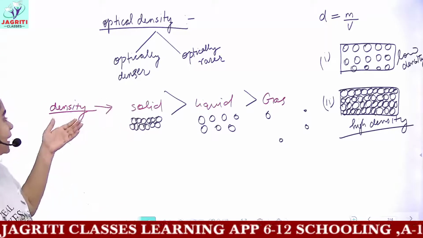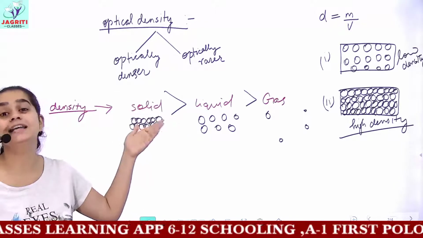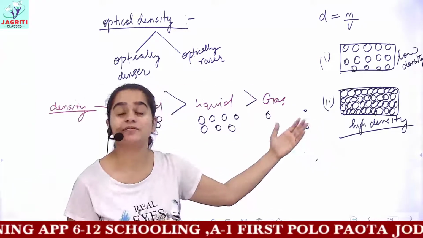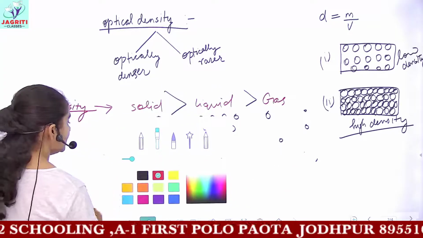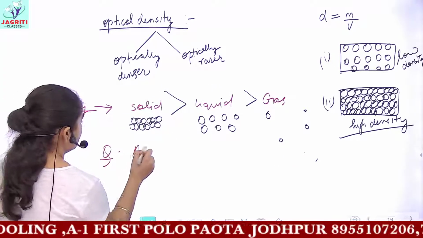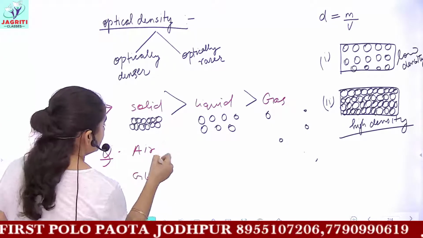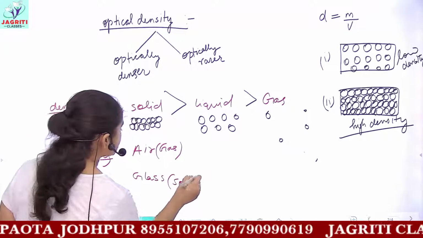So in turn, according to density, solids would be the highest optical density medium compared to gas, which is having the least optical density. Now in our question, in the previous diagram, we were given that one medium is air and the other medium is glass. I told you air means you have a gaseous medium and here you have a solid medium.